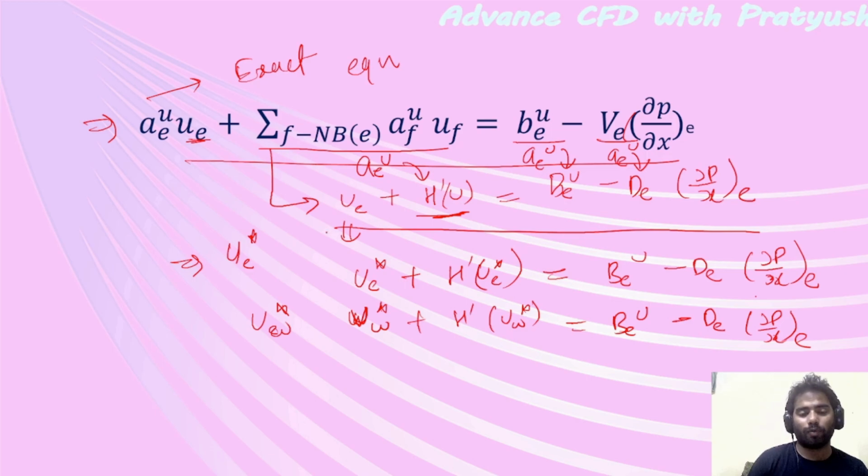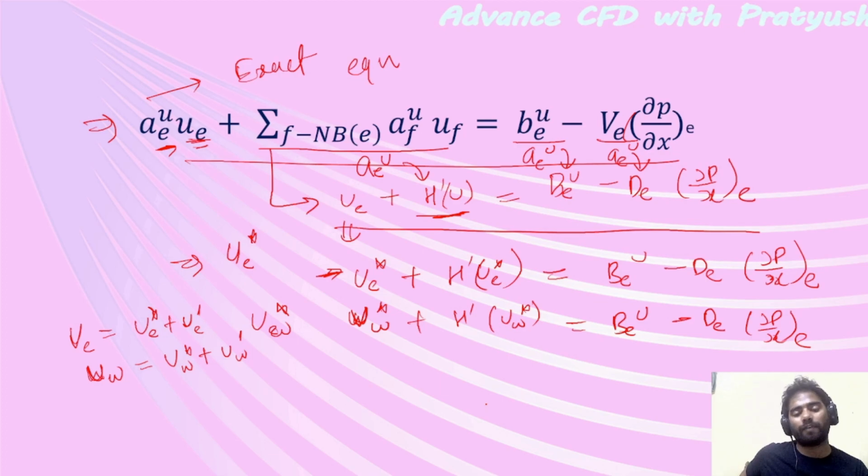So I mean to say that the correction we need to make here is that u_e should be u_e star plus some correction. Similarly, u_w should be u_w star plus some correction, u_w dash. If we subtract this equation from these equations, the equation that we will get will be the correction equation.